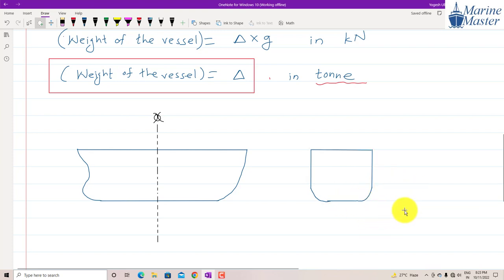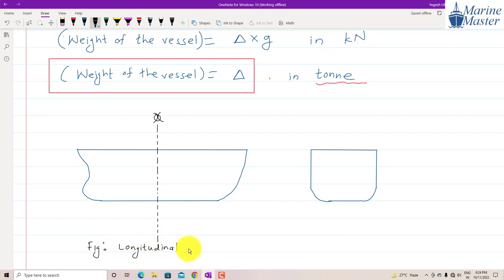Okay, so this is a transverse view. So this is our longitudinal view. What does this side of the ship denote? Longitudinal view, guys. And what does this side denote?